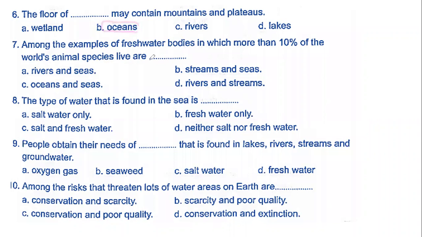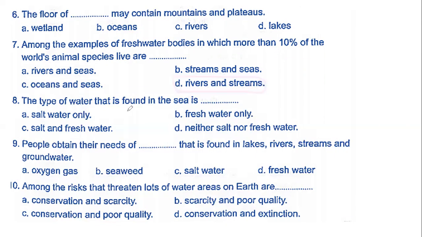Among the examples of freshwater bodies in which more than 10% of the world's animal species live are, we said 10% of living organisms species take fresh water. So which one here is fresh water? Yes, rivers and streams. They are fresh water.